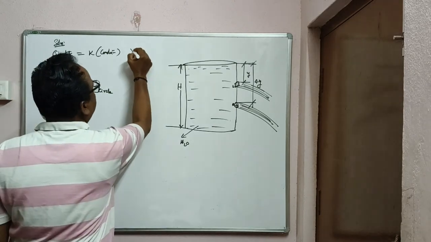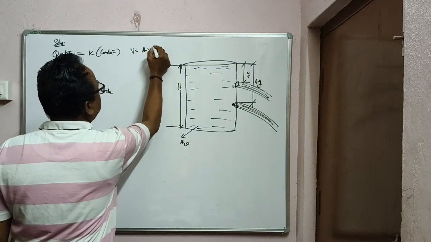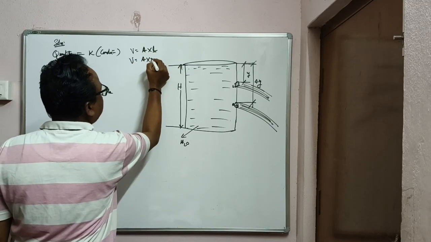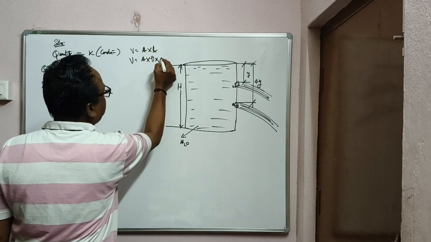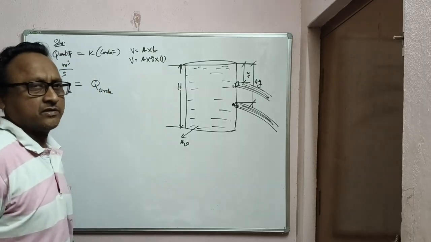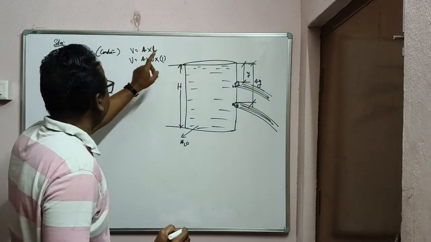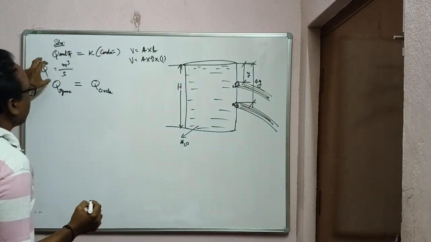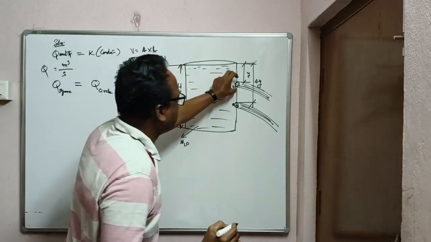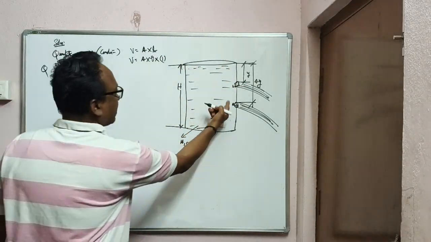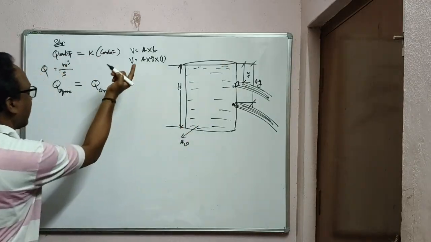Volume is area into length, and length is displacement, so velocity into time, time being 1 second. So the volume of fluid coming out in 1 second is A into V. The volume from the square equals the volume from the circle drilled in the open tank of height H.